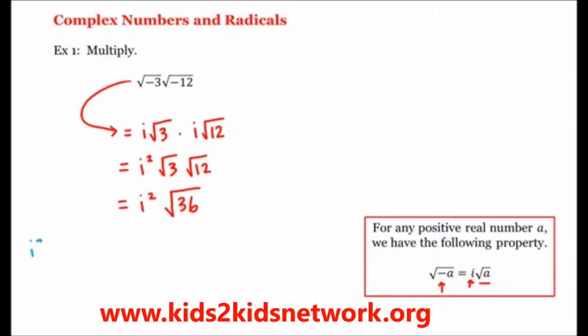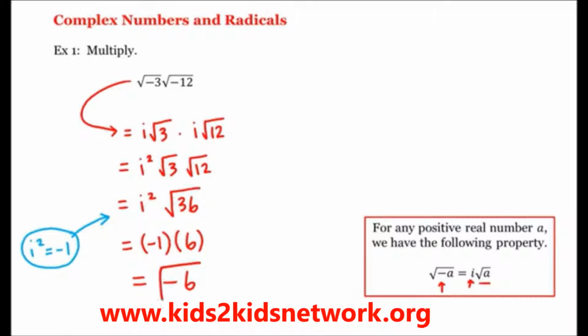But remember that i squared is equal to negative 1, which we can use here. Therefore, this is equal to negative 1 times the square root of 36, which is 6, or negative 6, which would be our answer.